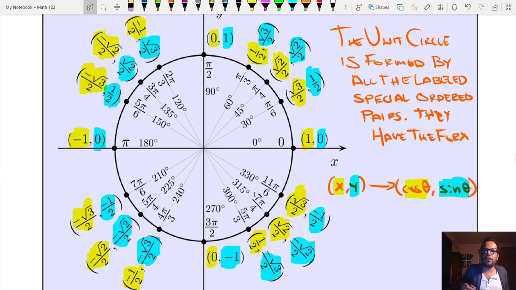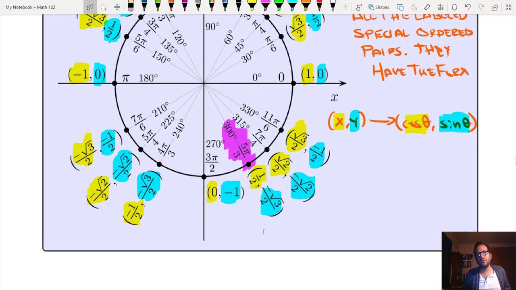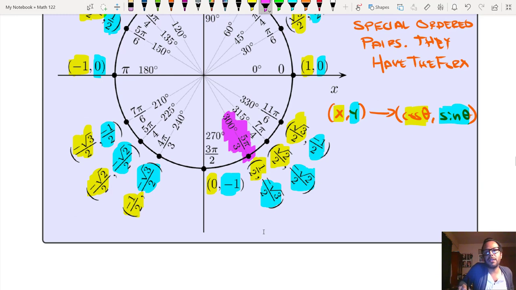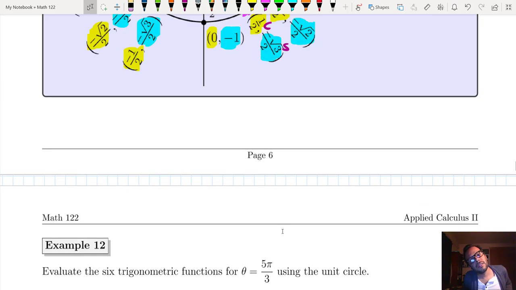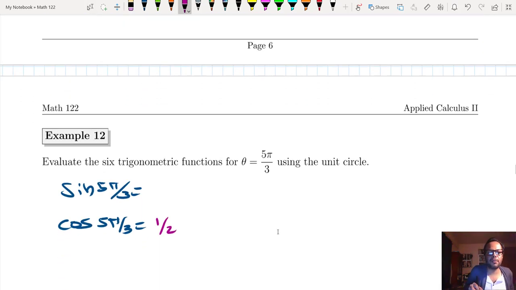Okay, first of all, let's go to the unit circle and locate that 5 pi over 3, which is right here, the 300-degree angle, right? And we are going to use these two ordered pairs. The x will be cosine and the y will be sine. Okay, so cosine is 1/2 and sine is negative root of 3 over 2.